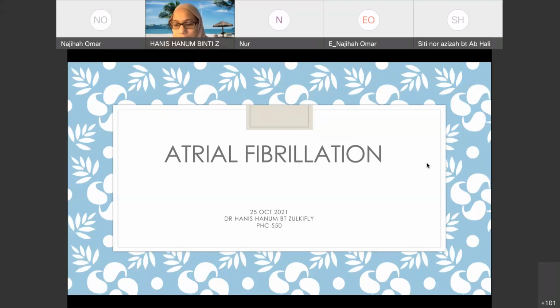Okay, so basically the main reference that I use for this topic is the ESC guideline, as well as your pharmacotherapy book. You all ada access ke kepada pharmacotherapy book tu from the library? You all semua dah ada ke buku tu? It's very important for you guys to have that book, so that further readings can be done from the book.